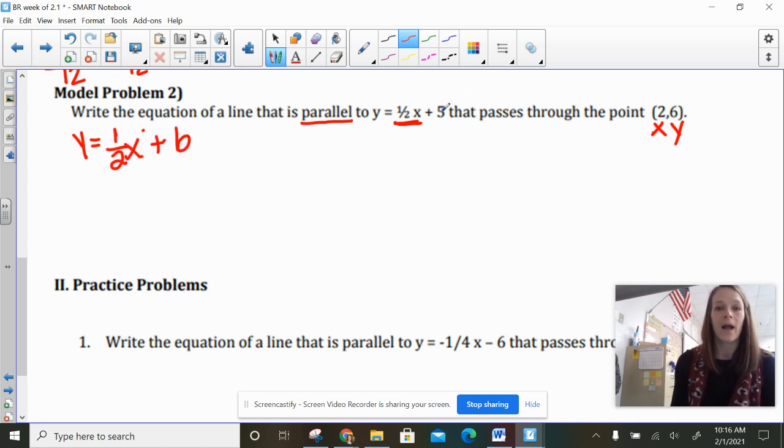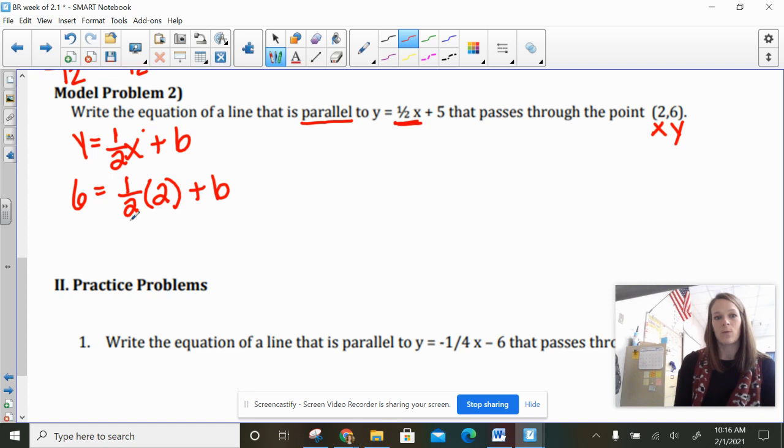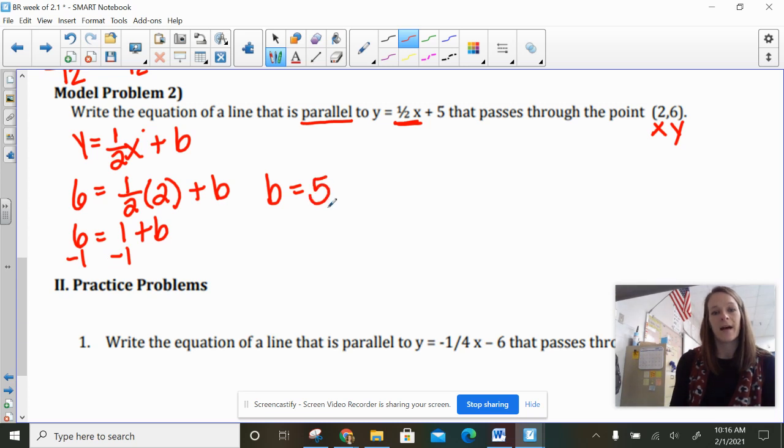I need a new y-intercept. I want them to be parallel. So my y value is 6, equals 1/2 times my x, which is 2, plus b. 1/2 times 2 is 1. So subtract 1 from both sides, and 6 minus 1 is 5.